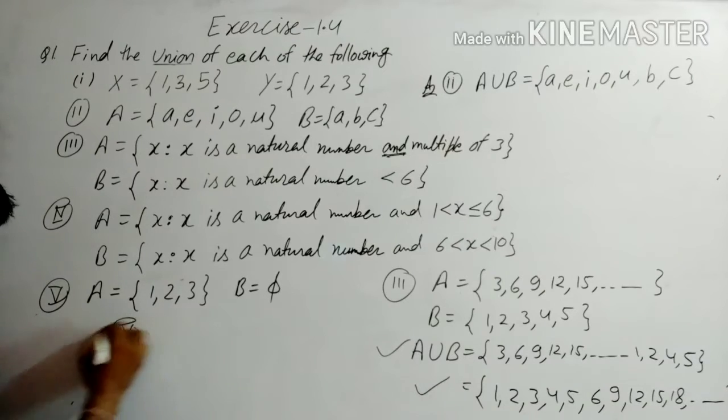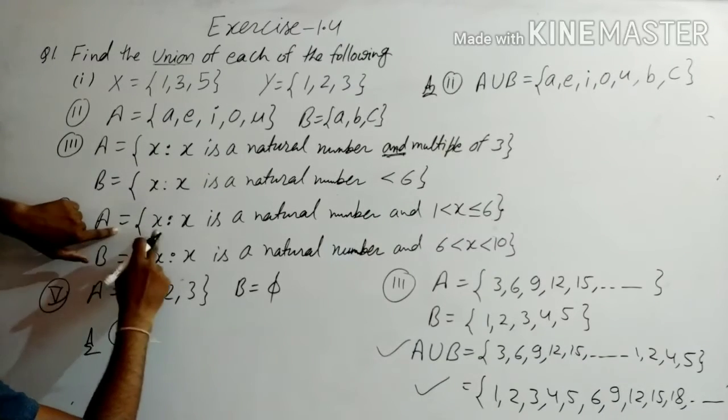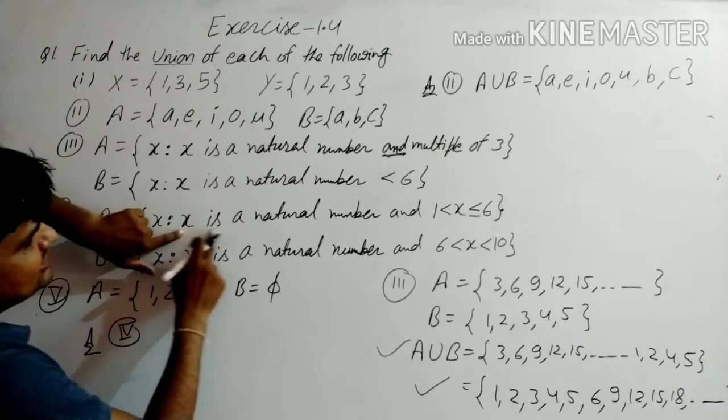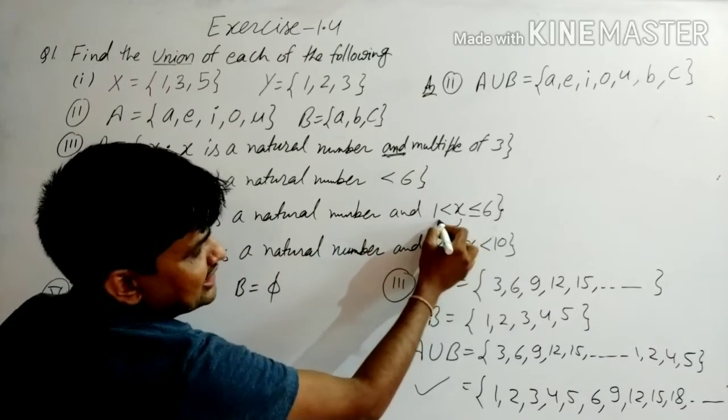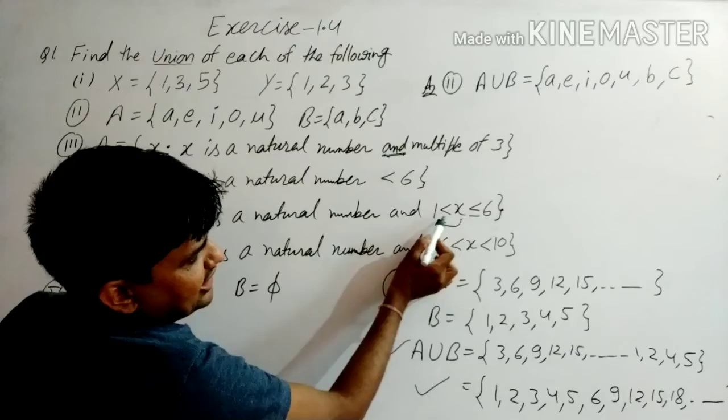Now the fourth part, this is answer 4. A equals to x, where x is a natural number and x is greater than 1. So 1 will not be included here, because x is a natural number and the property of x is that it is greater than 1.